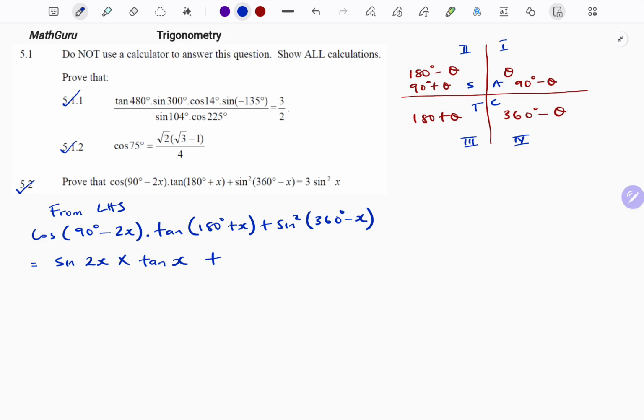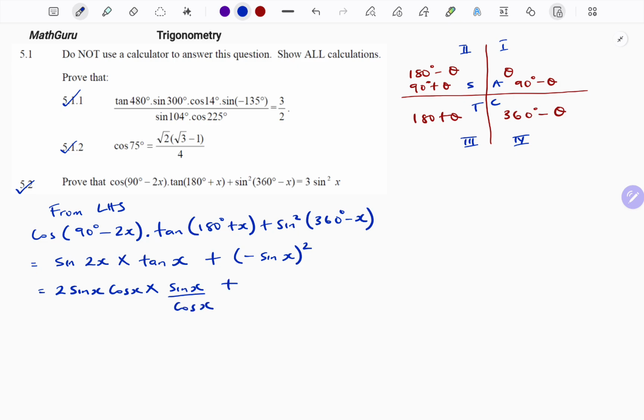360 minus x falls in the fourth quadrant. Sine is negative, so what I'm going to do is to put that in a bracket. So I have minus sine x, but because it's squared, I square that. And if I simplify further, I start with my sine 2x. Using my double angle identity, sine 2x will give me 2 sine x cos x times, then I'm going to use my identity to change my tan to sine of x divided by cos of x.